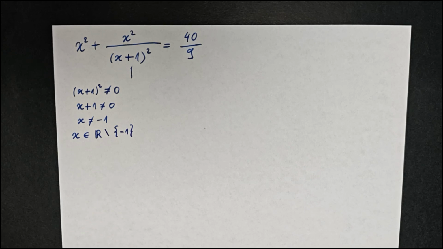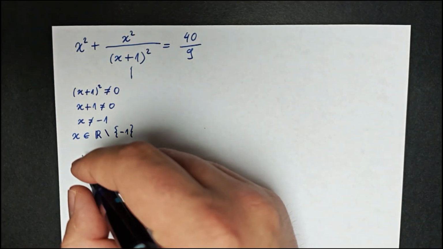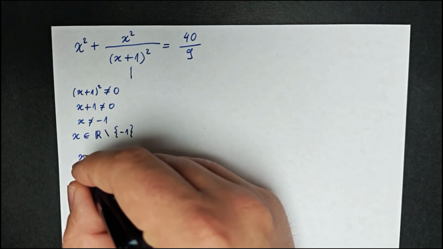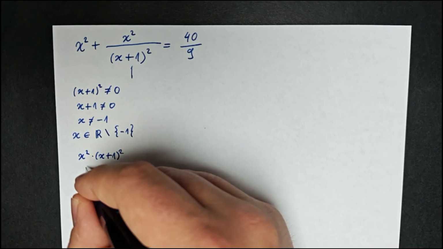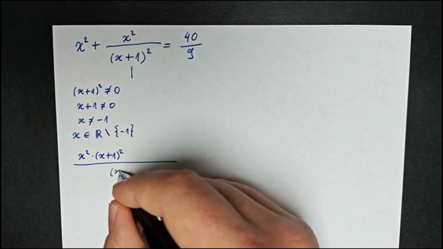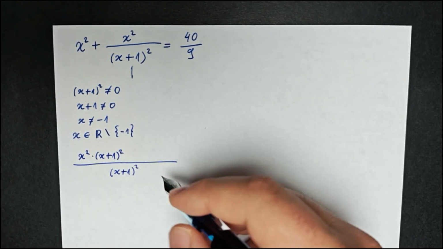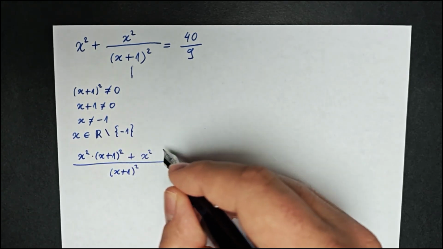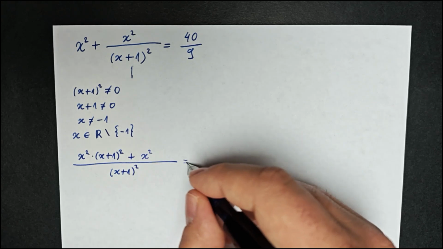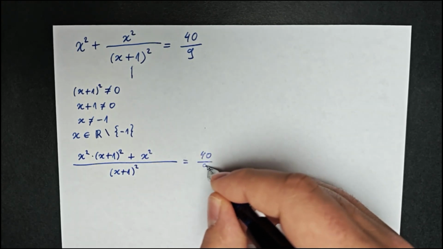In order to solve this equation, I want to put everything on the left side of the equation into one fraction. Our equation then becomes x² multiplied by (x+1)² divided by (x+1)² in the denominator, as we are going for a full fraction on the left side, and that is equal to 40/9.